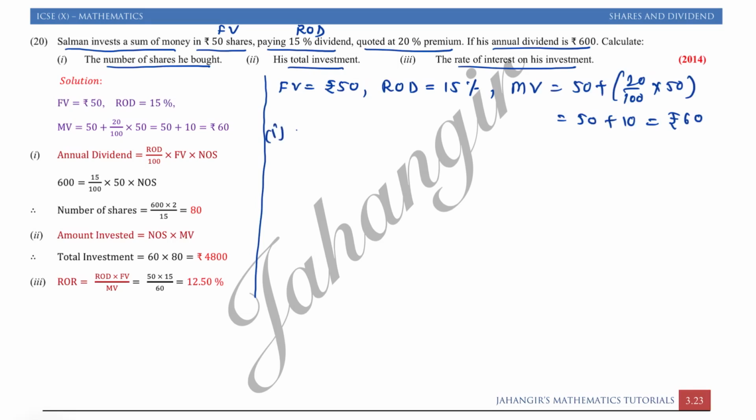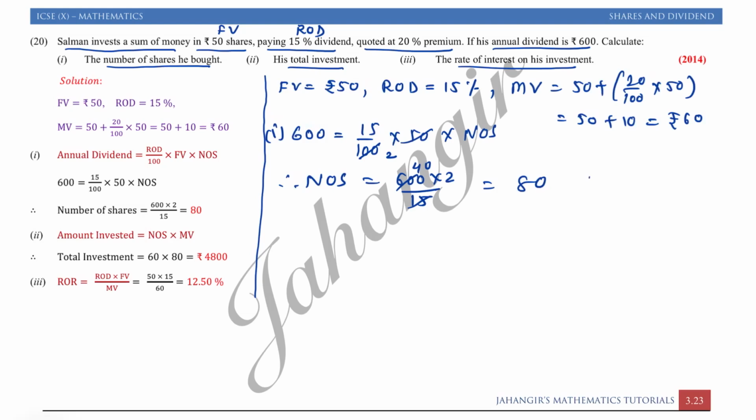The annual dividend, that is 600, is equal to ROD upon 100 into face value into number of shares. So therefore number of shares is equal to 600 into 2 upon 15. 15 fours are 60, 40 into 2, 80. So therefore number of shares is 80. First part is done.